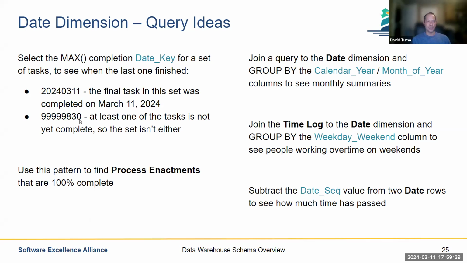But if it comes back as a number like this, I know that one of the tasks is not yet complete, and so the set isn't either. And this is using database indexes, so it's very fast. As an example, that's how I would find process enactments that are 100% complete. Just join that process enactment table to the task status fact table, and I'm off and running. And these are some other things that you can do with date dimensions, but I won't get into it.